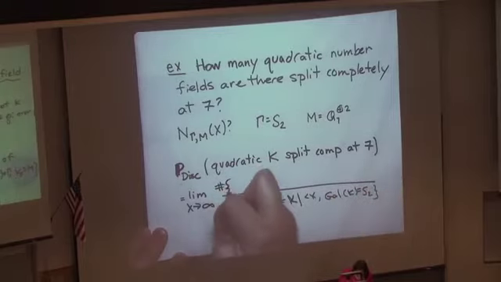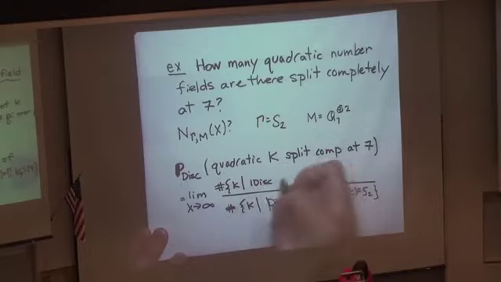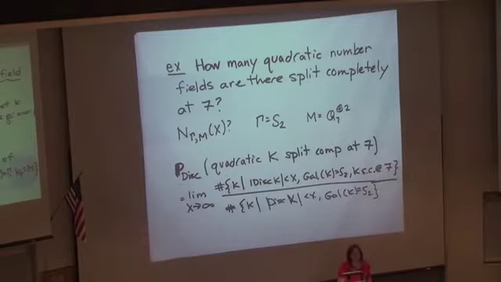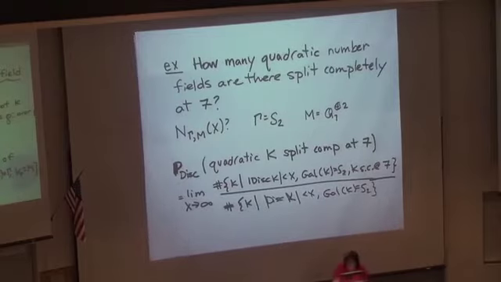Of these, I'm going to count just how many are split completely at 7. I'm just going to count up to discriminant X what proportion of those are split completely at 7, and then I'll take the limit as X goes to infinity.